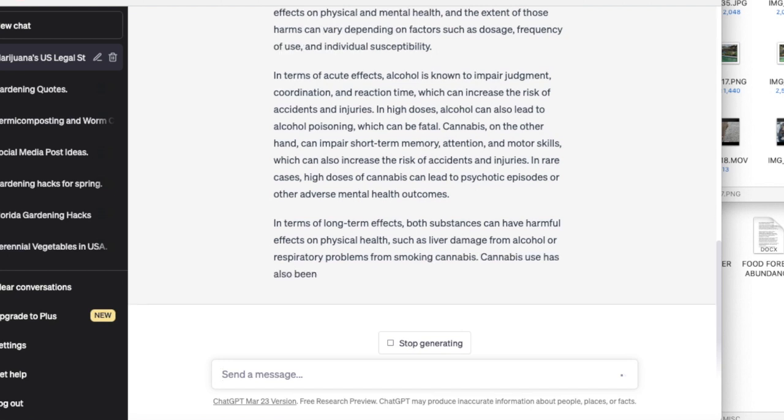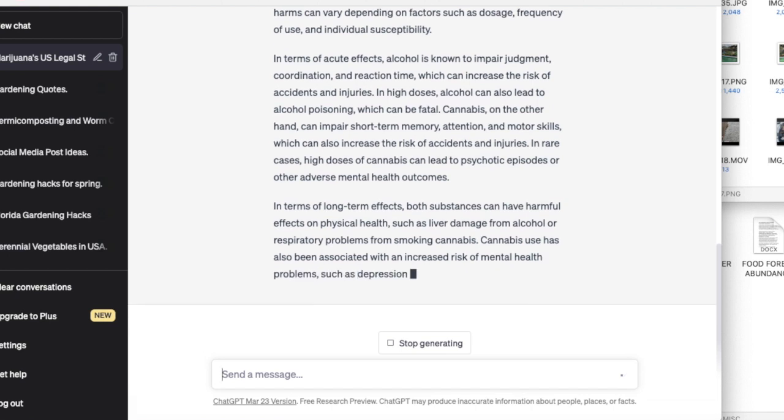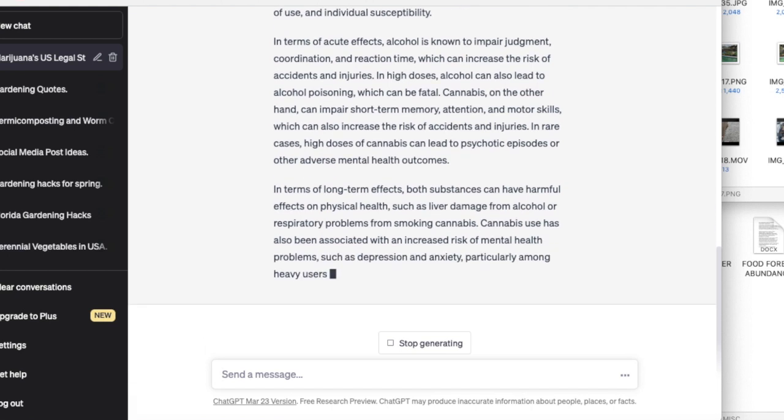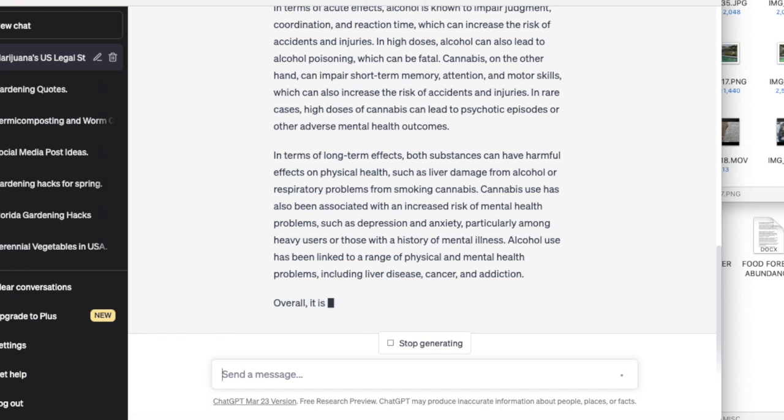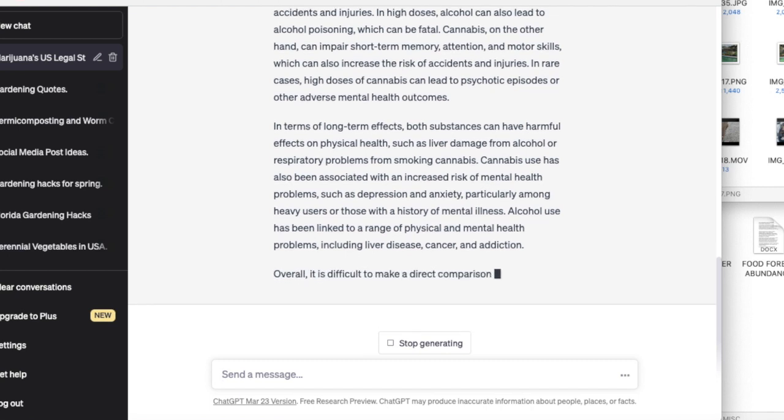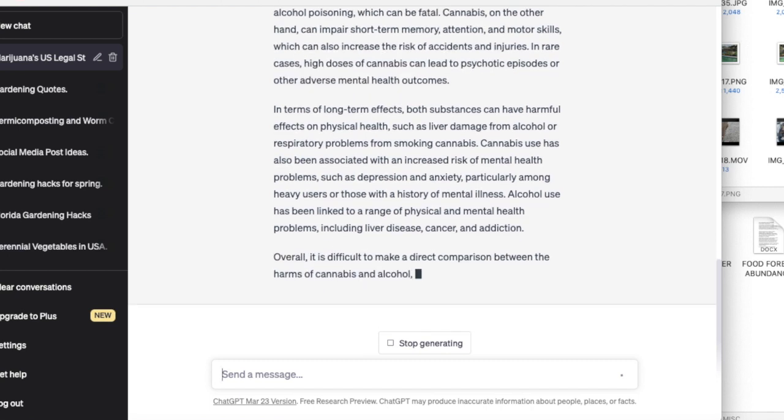In terms of long-term effects, both substances can have harmful effects on physical health, such as liver damage from alcohol or respiratory problems from smoking cannabis. Cannabis use has also been associated with an increased risk of mental health problems such as depression and anxiety, particularly among heavy users or those with a history of mental illness.